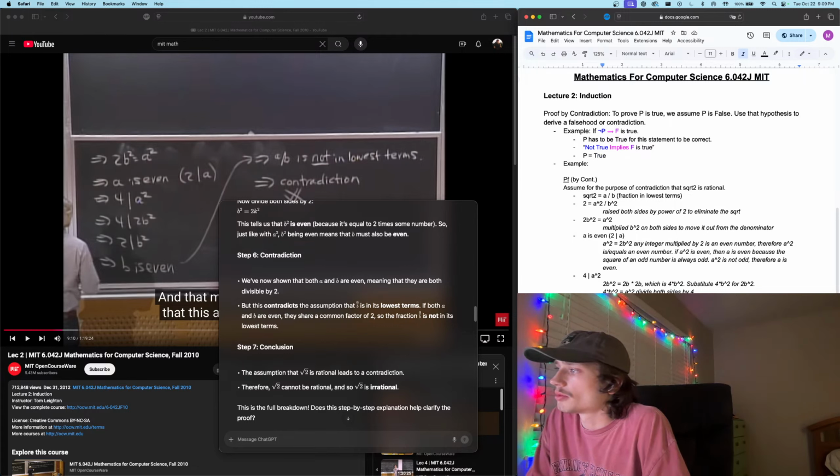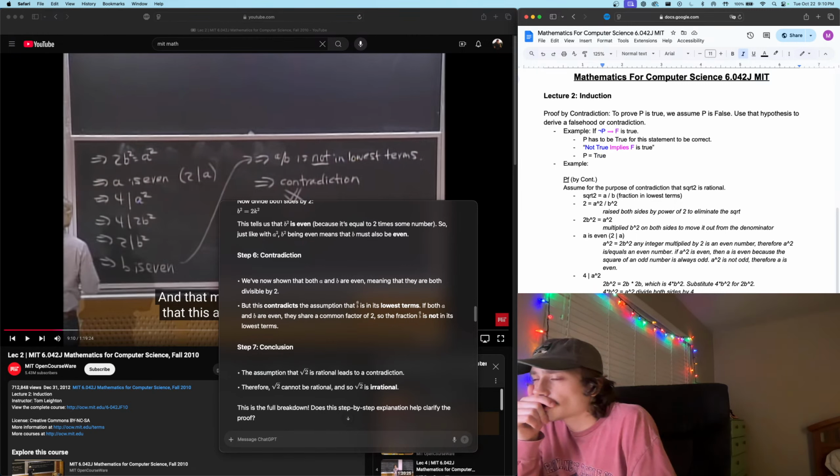Both a and b are even, meaning they're both divisible by 2. So they share a common factor of 2.